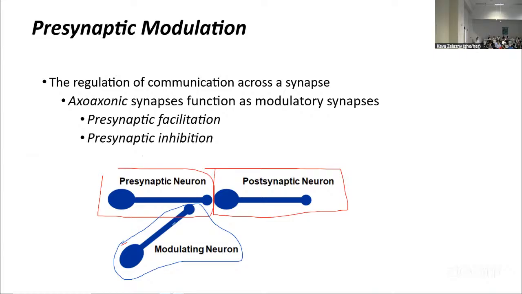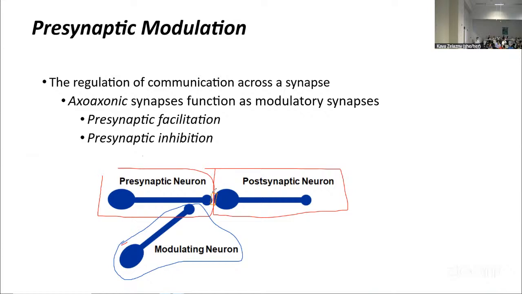Right? So here we have an axo-axonic connection where our modulating neuron comes in and touches the axon, or really the axon terminal of that presynaptic neuron before our presynaptic neuron gets to have its own synapse with our postsynaptic neuron.